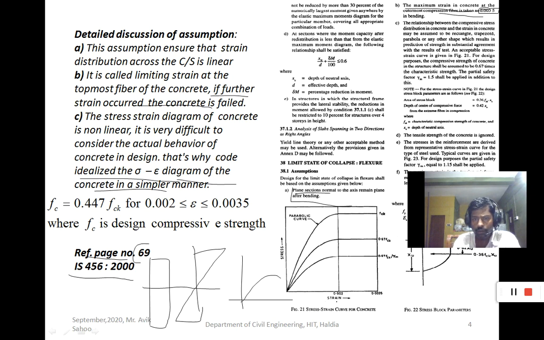Strain is plotted on the x-axis, stress is plotted on the y-axis. The 150 mm cube is tested on a compressive testing machine, and the stress and strain are plotted. As you know, the actual stress strain diagram is non-linear.